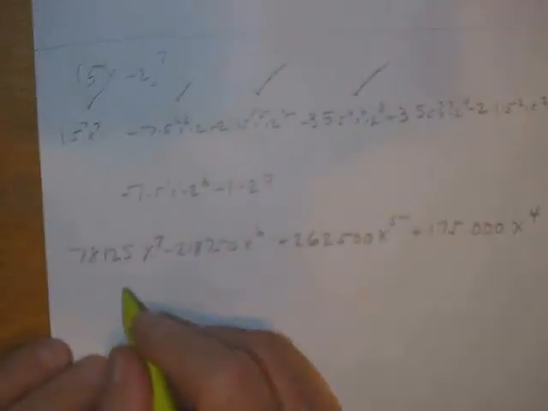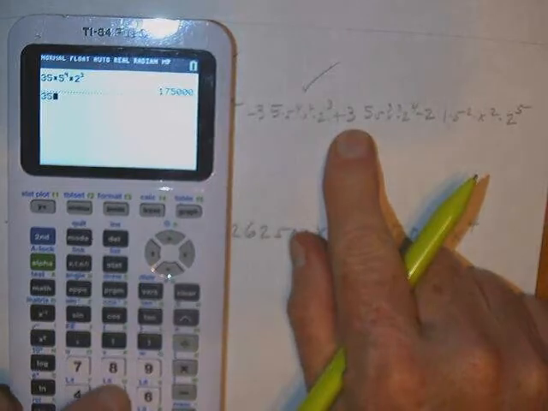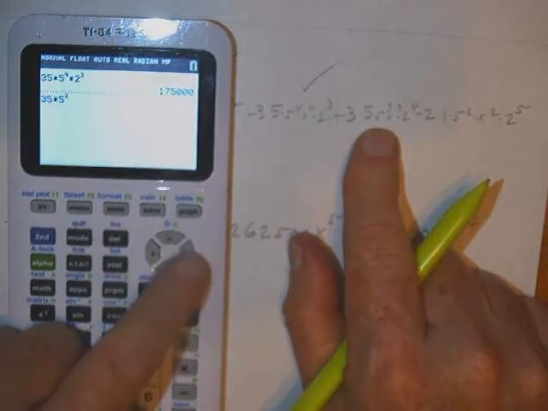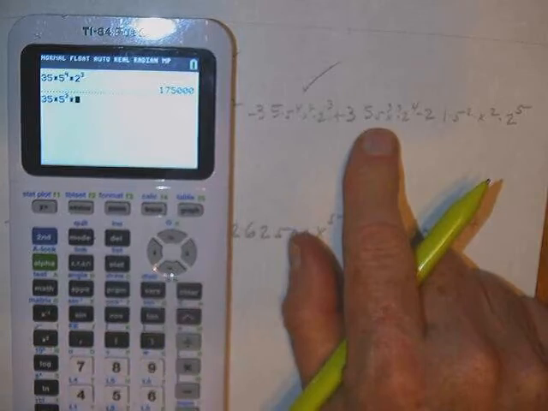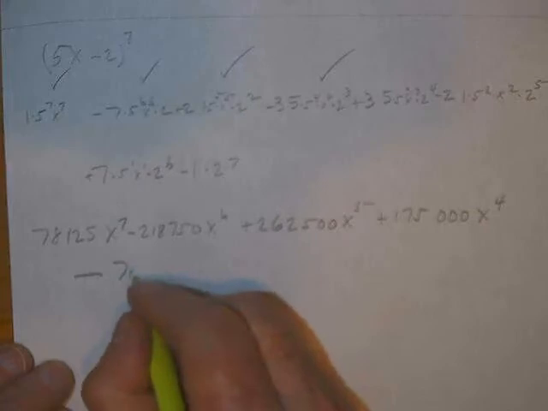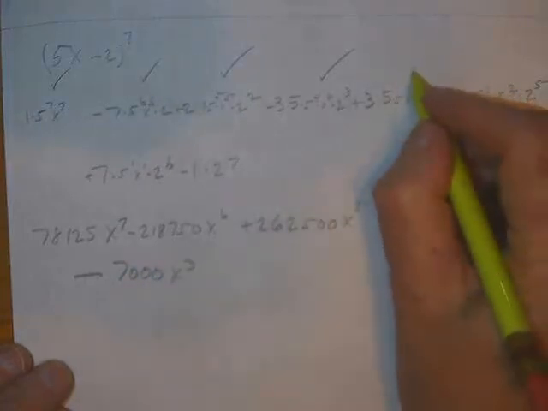Okay, that's this one, minus 35 times 5 cubed times 2 to the 4th. 70,000 x to the 3rd.